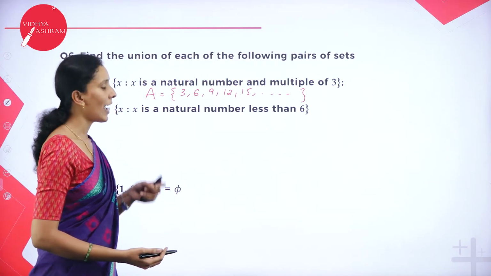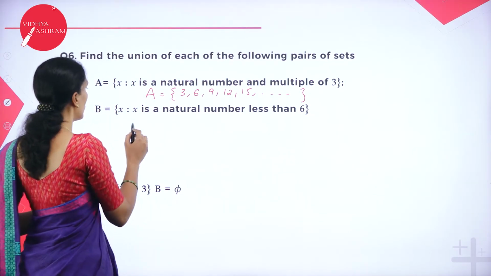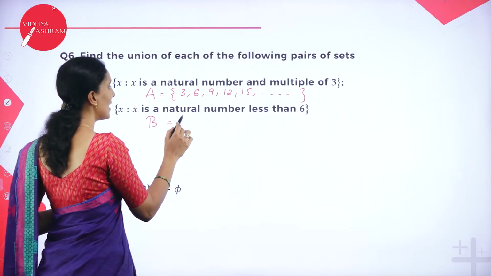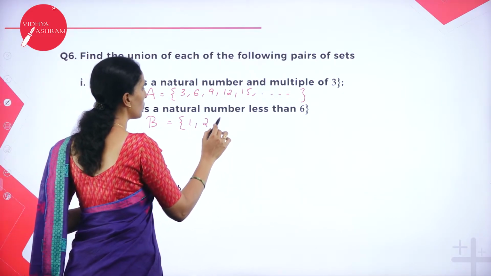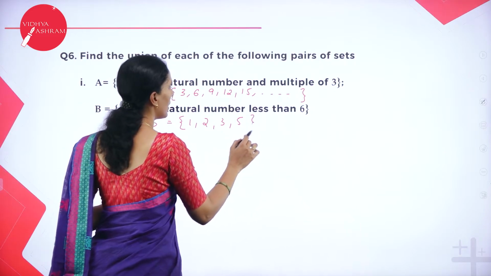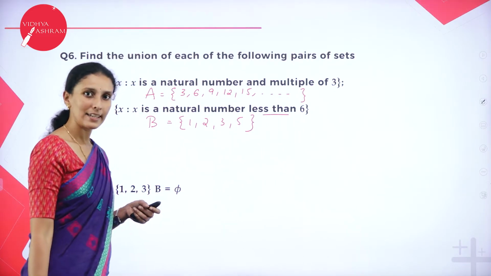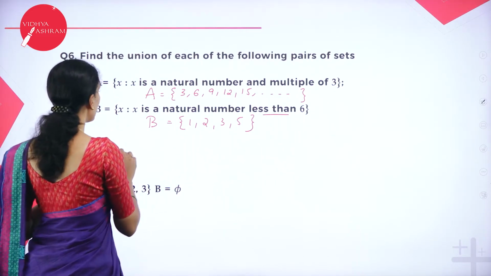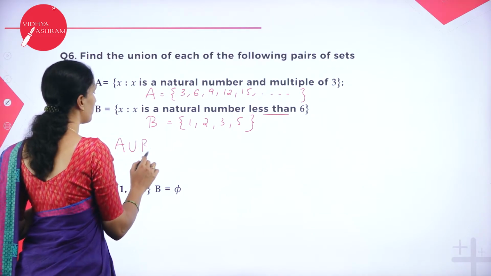Next, B: x is a natural number less than 6. What are the natural numbers less than 6? 1, 2, 3, 4, 5. Clearly they have said less than 6, so we'll stop with 5. What is A union B here?